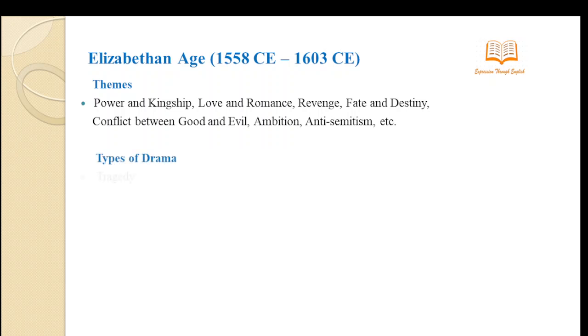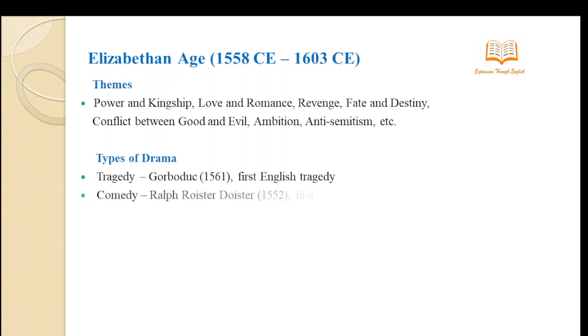So types of dramas we have here. Tragedies we have in this age. The first tragedy is Gorboduc. Gorboduc was published in 1561. That was the first English tragedy, and we have got the first comedy that appeared in 1552 as Ralph Roister Doister.